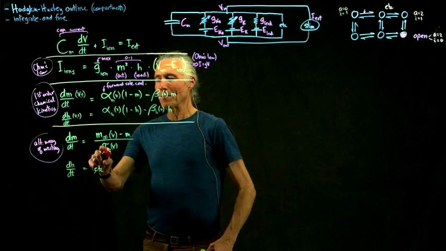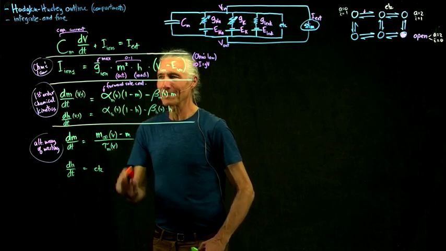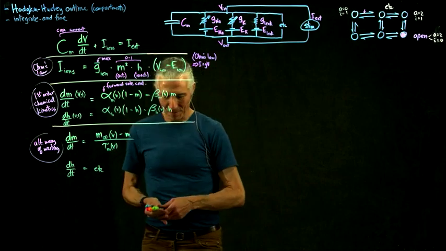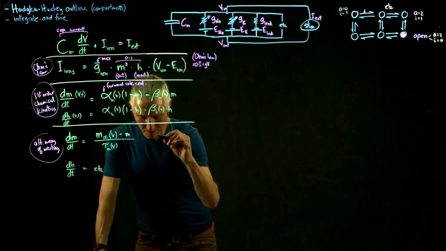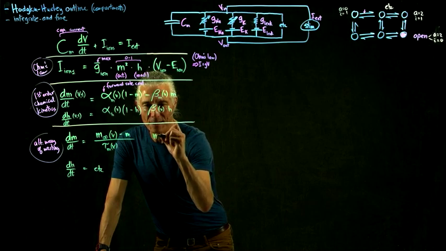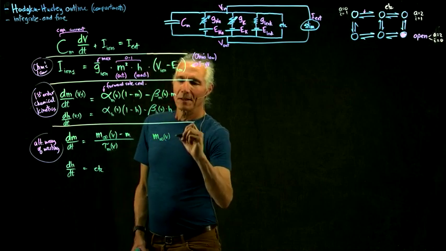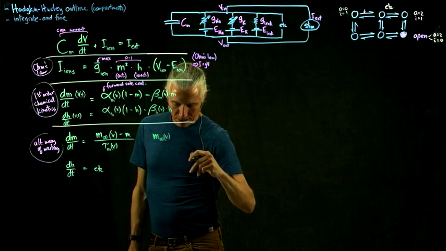We want to unpack the time constant, the voltage dependence of the time constant, and the voltage dependence of the steady state m variable. So let's write out that equation, which relates it back to these original equations here.